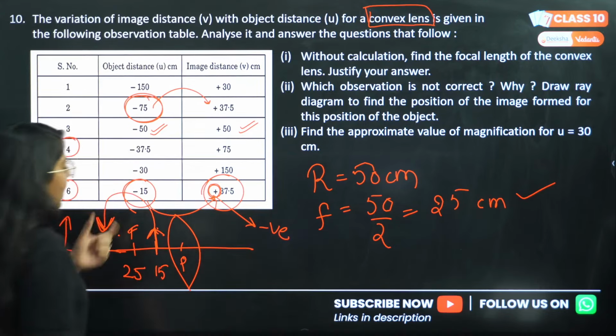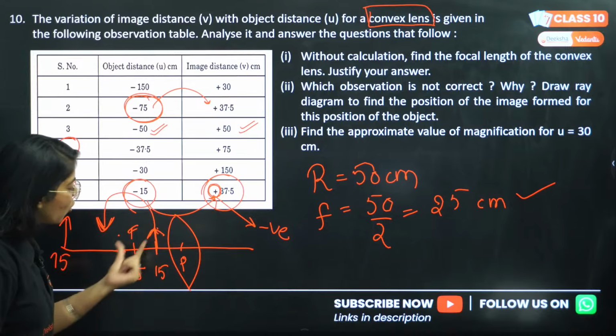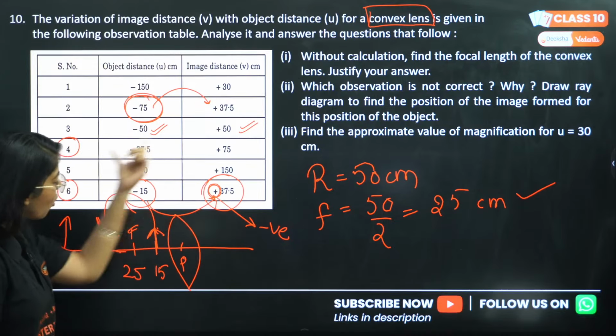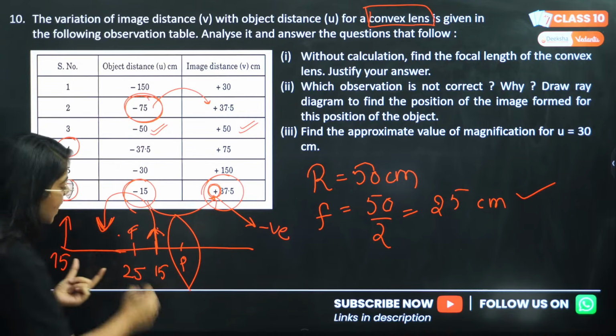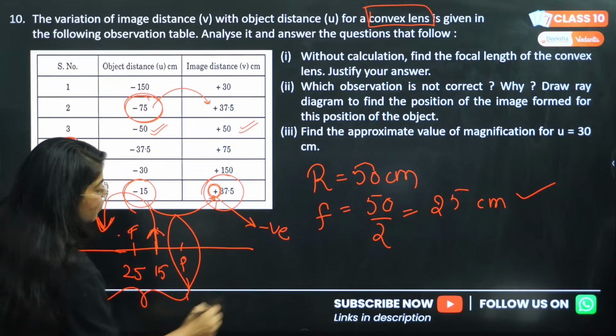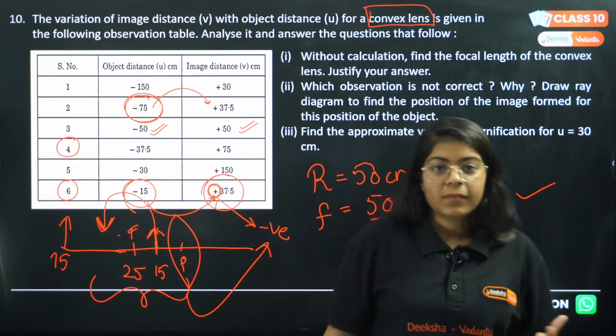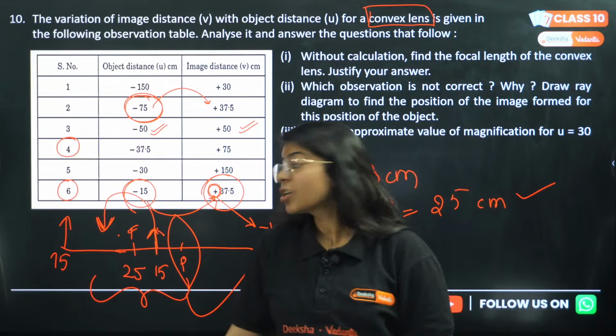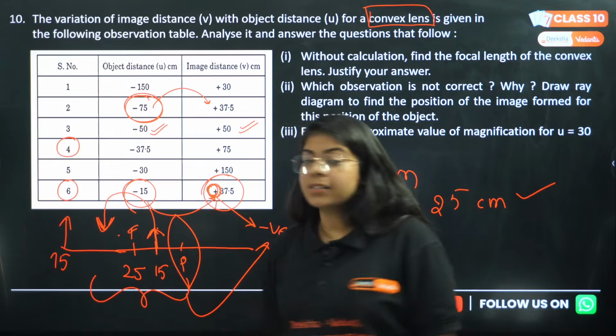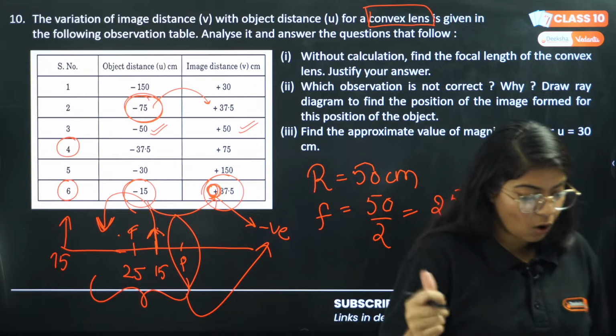Negative. If my object is between pole and focus, the image should also be on that side of the lens, and on this side of the lens, we know the distances are taken as negative, correct? But here it's positive. So that is our clue that this is the wrong answer.